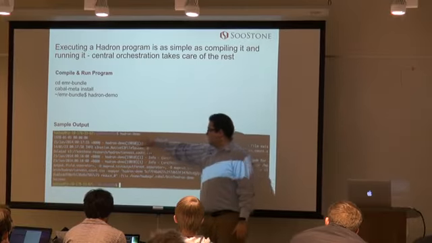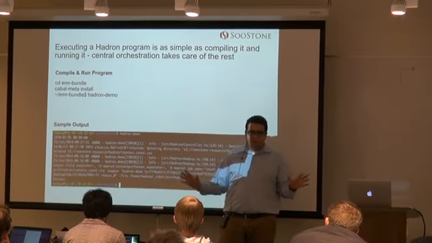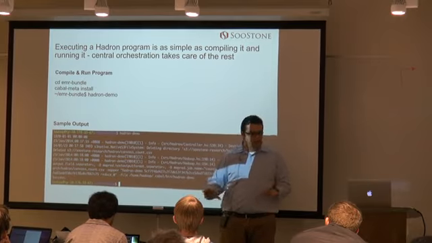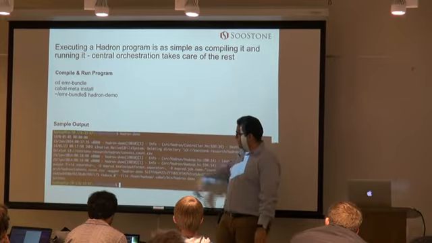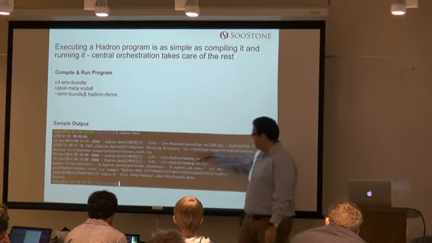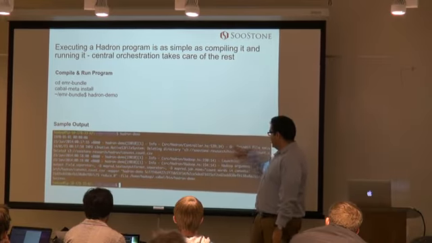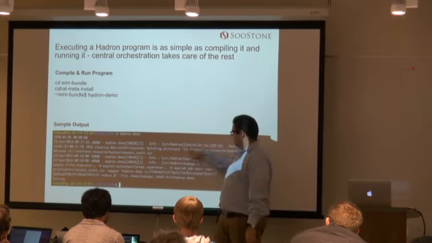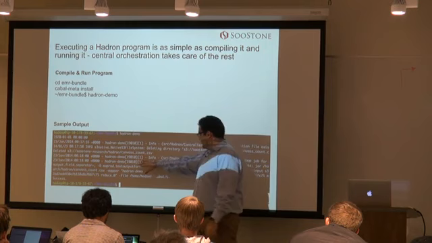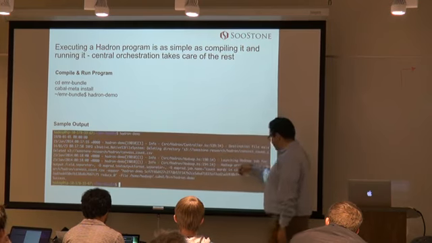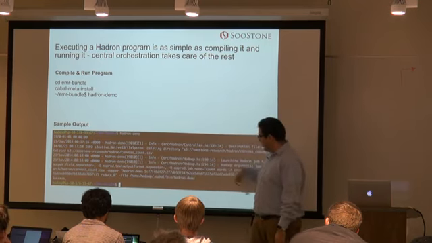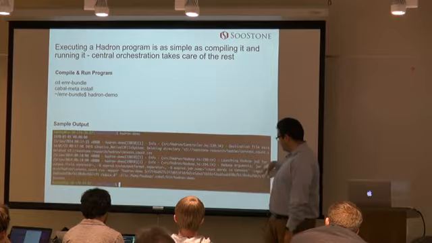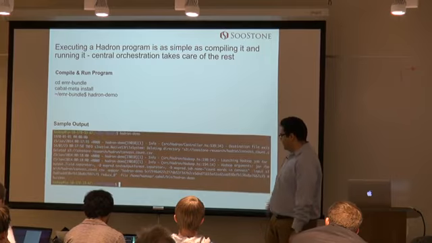So you basically say Hadron demo, and that's all you do. You don't touch anything else, no ugly, lots of configurations. And it actually starts, it figures out that it's the master node, then it says, okay, destination file exists because I was running it for a second time. It deleted the directory, got rid of it, and then it says, okay, launching Hadoop job for whatever name we gave it. And then, for debugging, it gives you the Hadoop arguments.